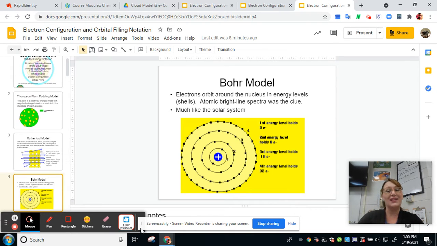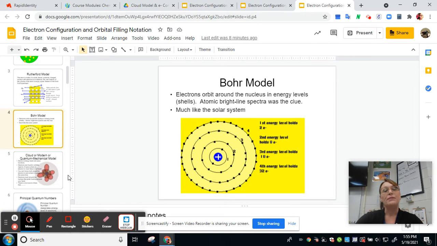And that's not actually how the Bohr model works. There's actually some overlap of energy levels, and there can be a lot more electrons in some of those higher energy levels. So we need a little bit more sophisticated model of the atom.